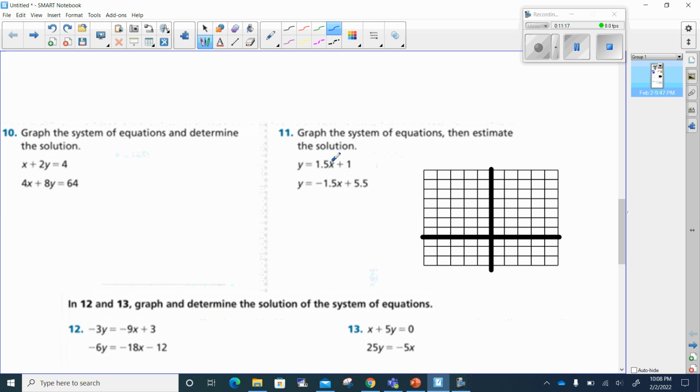Y equals 1.5x plus 1. Well, plus 1 would mean that it crosses through 1. And then it says 1.5. So that means it goes up 1.5 and over 1. So up 1.5 and then over 1 would be about here. And then up 1.5 and over 1 would be about here. So when I graph this line, it's going to look like this.